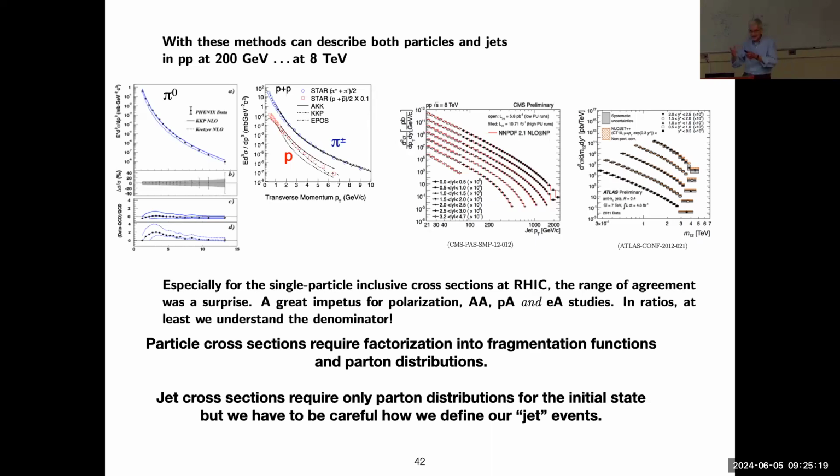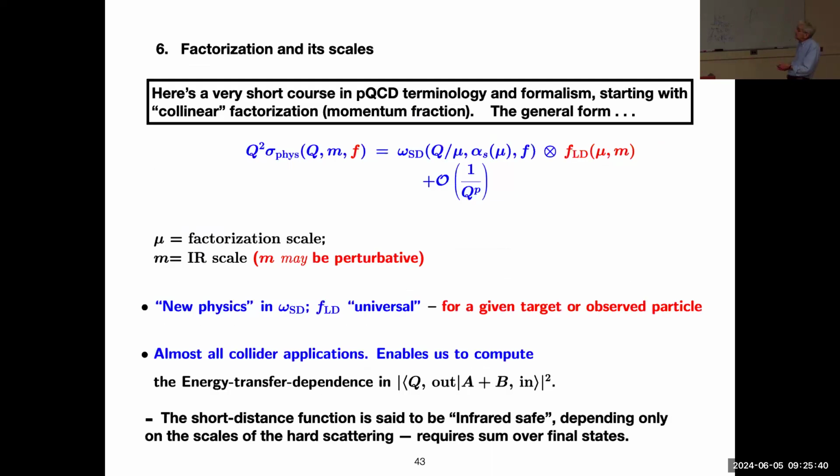And it's the consistency of those two that will lead us to the basic properties of these cross-sections, including evolution, resummation, and the like, which I will just give a sketch of as to how that works.